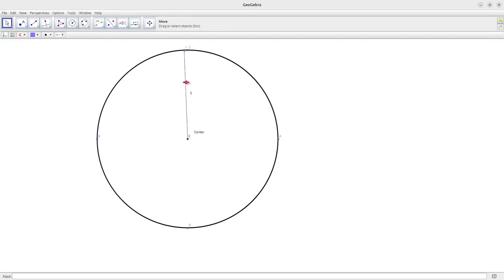That is what we call the radius. It's a line drawn from the center to any point on the circumference of the circle.